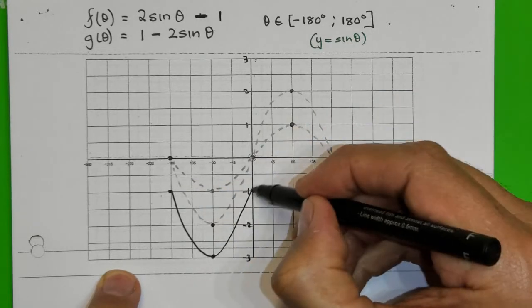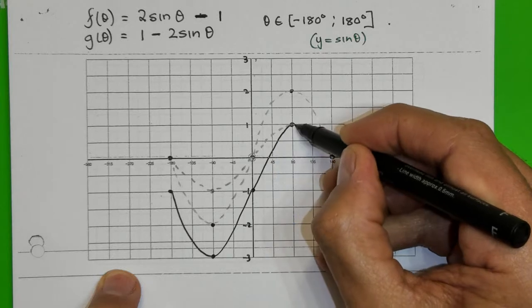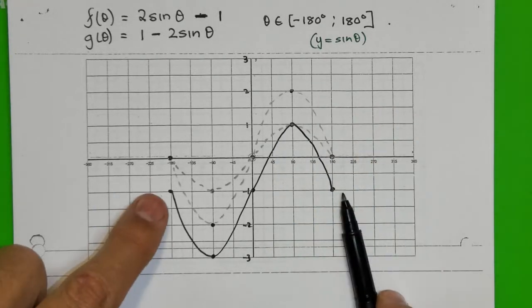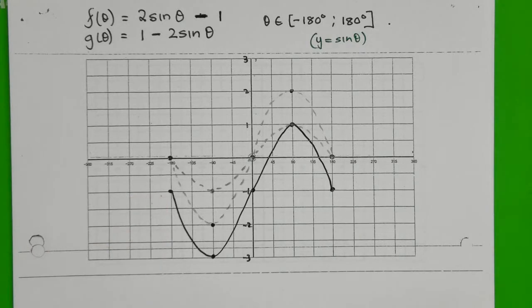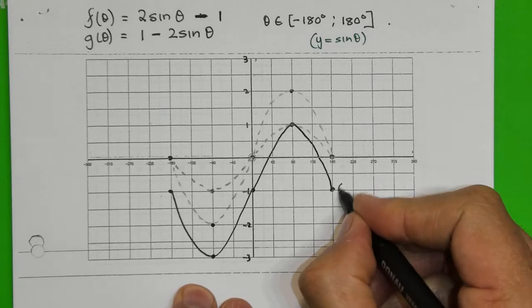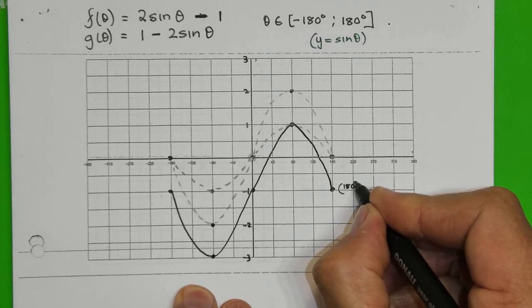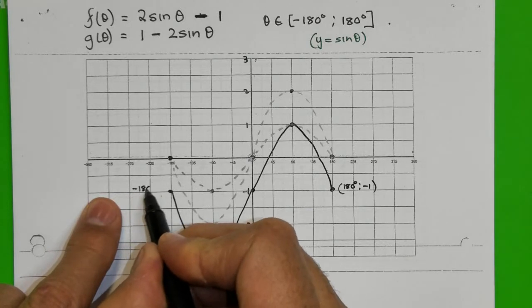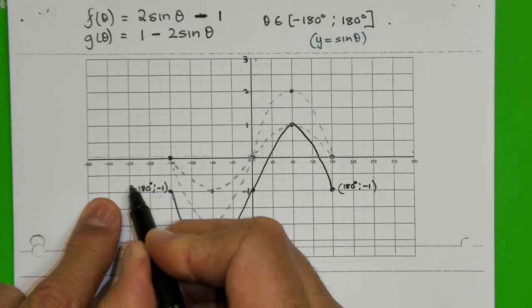Now remember, it looks the way it does, folks, because I am sketching over a limited domain. The period is still the same. Nothing has changed. So here my exit point will be 180 and minus 1. Here my entry point will be at minus 180 and minus 1.